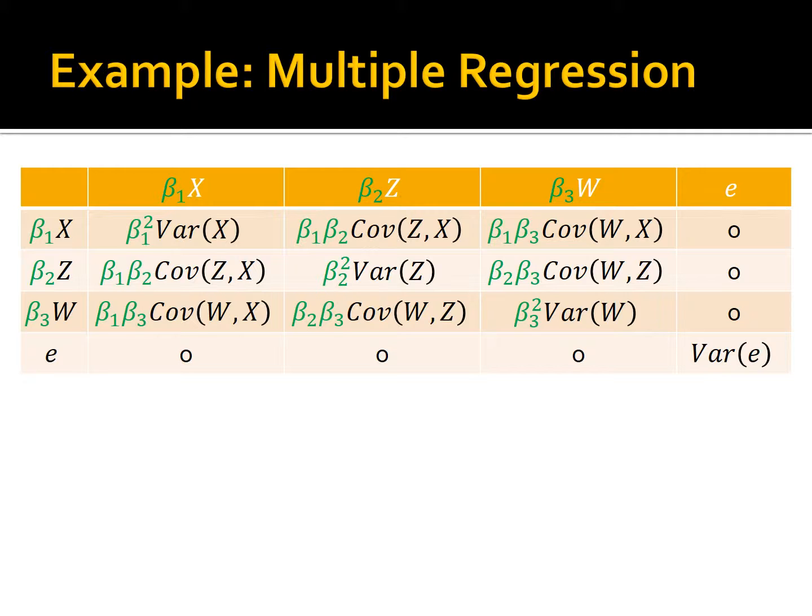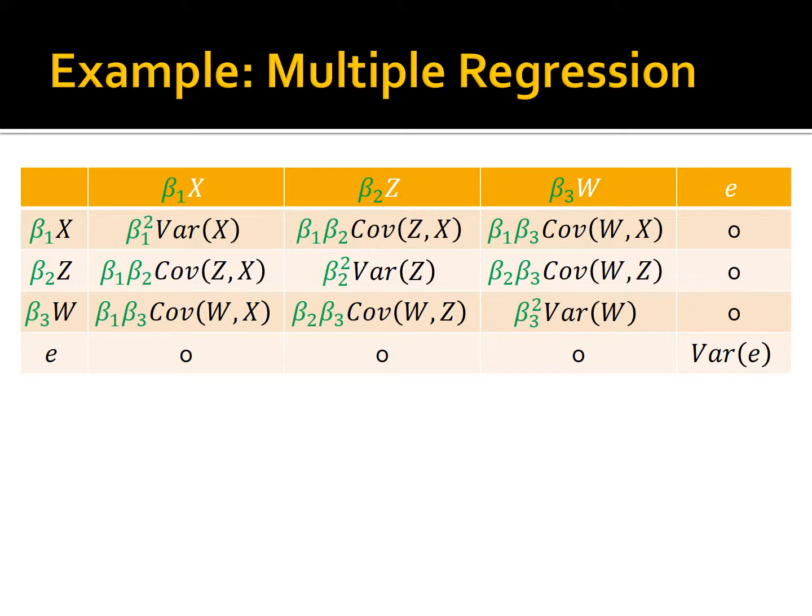Then we need to find the covariance between those random variables. The covariance between beta 1 x and beta 2 z is beta 1 beta 2 covariance of z and x, right? The covariance between beta 3 w and beta 1 x is beta 1 beta 3 covariance of w and x, and the covariance between beta 3 w and beta 2 z is beta 2 beta 3 covariance of w and z, right?